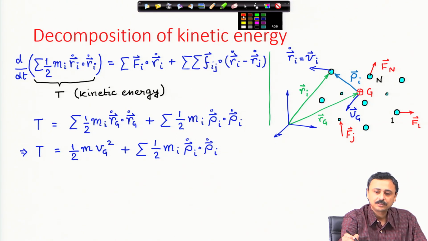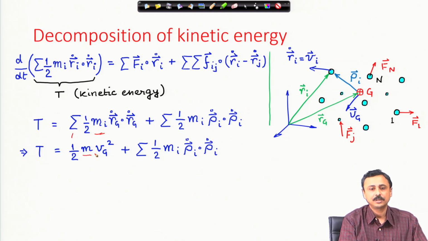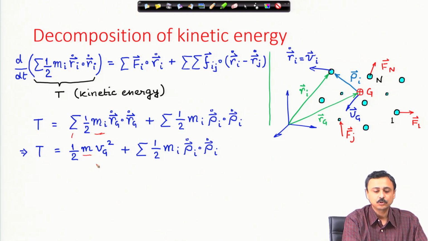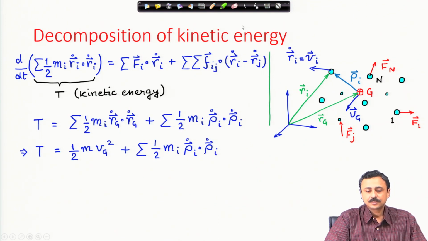Here you will notice that this only has that index I, therefore this summation over I is a sum of all the individual mass values, the total mass of the system. This is velocity of center of mass vector, and dot product with itself gives the magnitude square, plus summation of half m I rho I dot dot rho I dot.